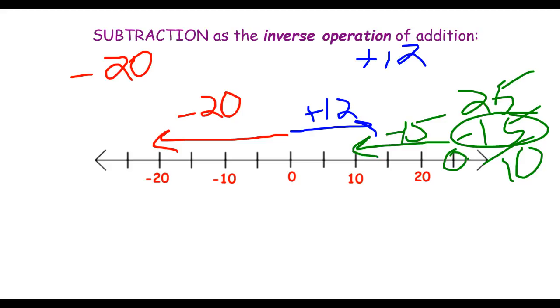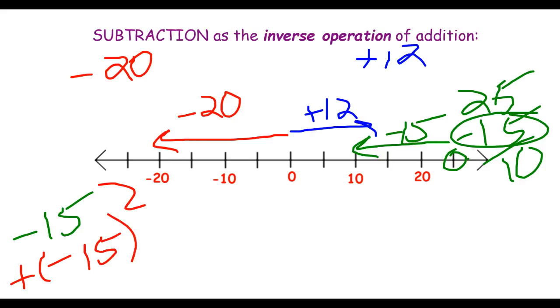Well, that movement to the left by 15 that subtracting 15 represents is also the same thing that happens when we add a negative 15. No, I was about to write a negative 25. That's not what we want. That's what we get when we add a negative 15. Both of these are to the left by 15 units. So taking 15 away, especially if we're starting with a negative number, is the same as adding negative 15.